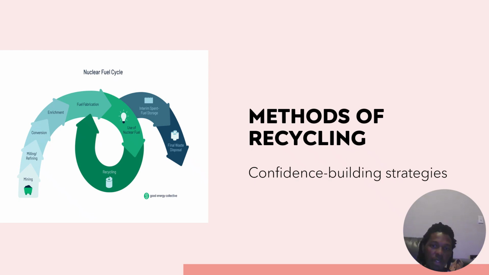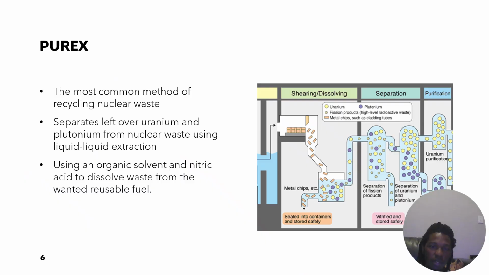On to the methods of recycling. The most common recycling method is Purex, and what it does is separate the leftover uranium and plutonium from nuclear waste by using liquid to liquid extraction.